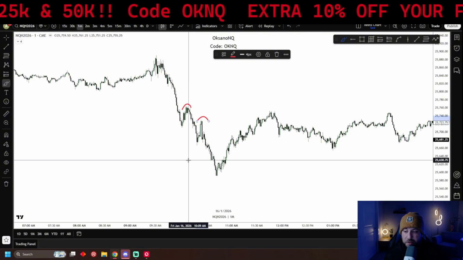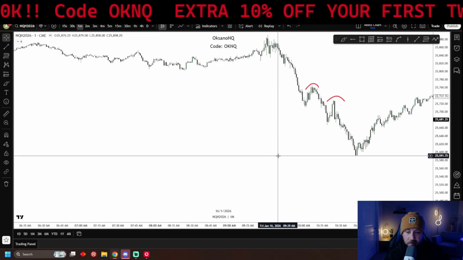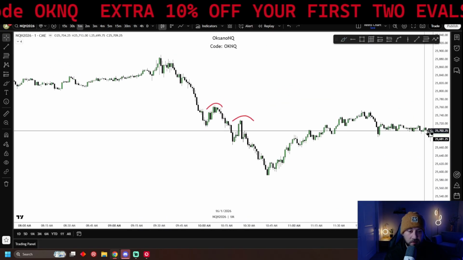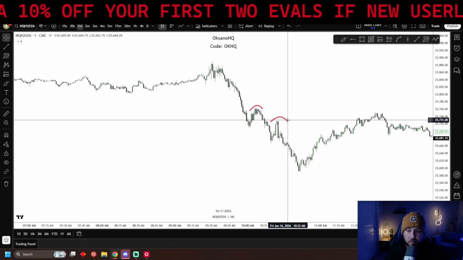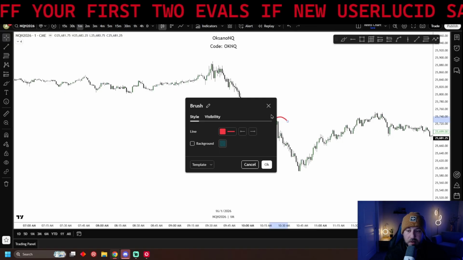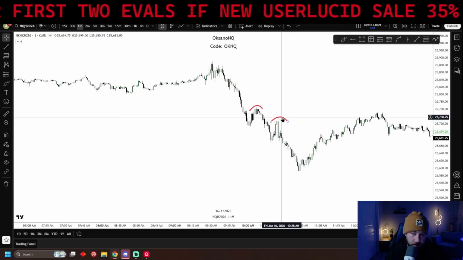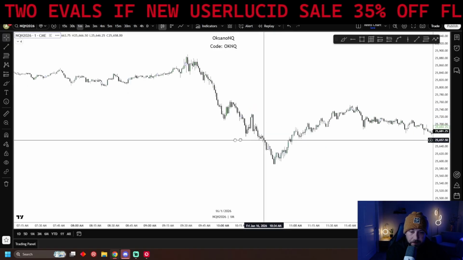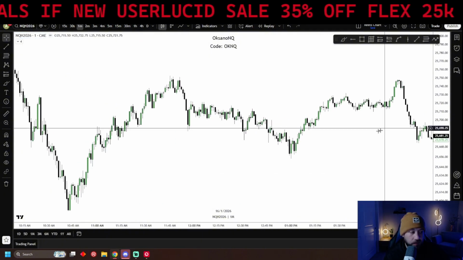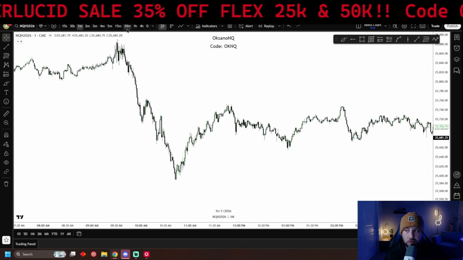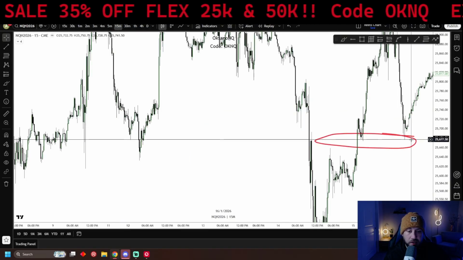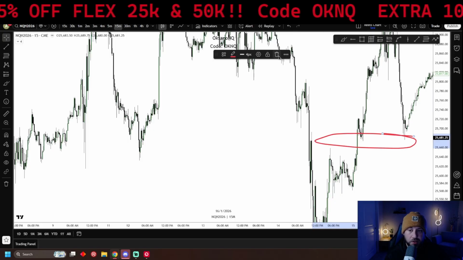So we sweep external, we target internal. It's not always external to external in one shot. Sometimes we go back and forth between internal and external. That's why it's so important to alternate time frames, because you really need to see where we're reacting from or to.